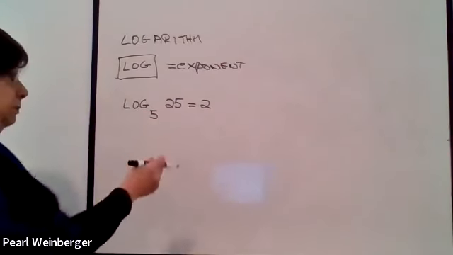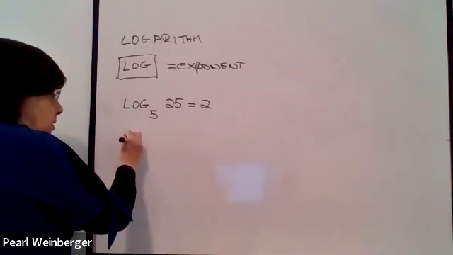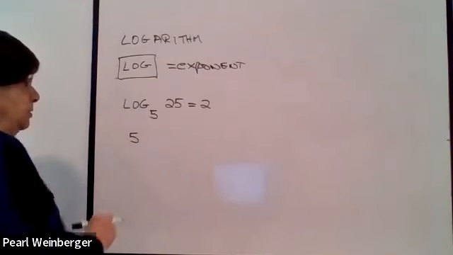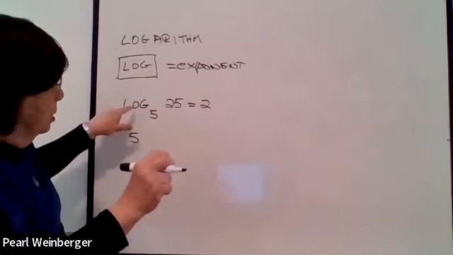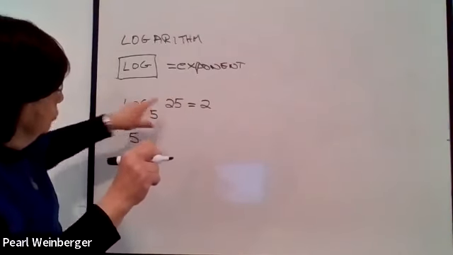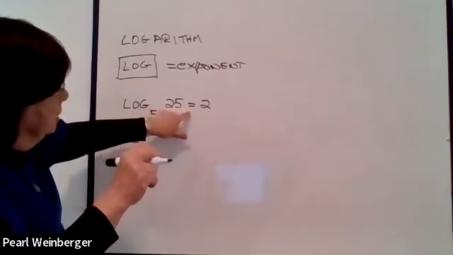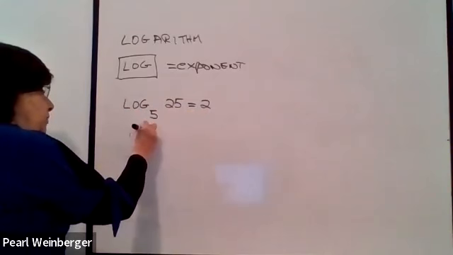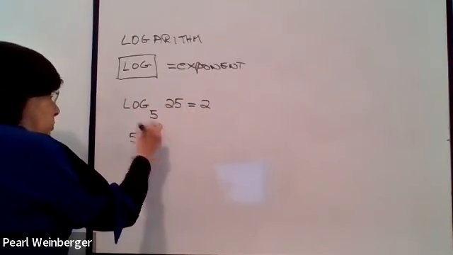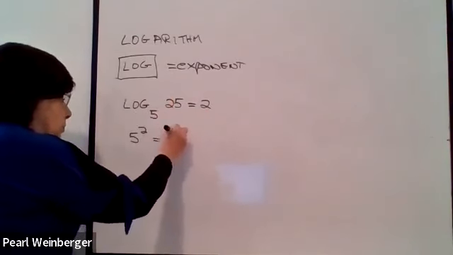How do we do that? Well, the subscript is the number that's going to be the base. The number on the other side, what the log is equal to. Remember, log means exponent, so the number on the other side is the exponent. So I'm going to do 5 to the exponent 2 is going to give me this number.